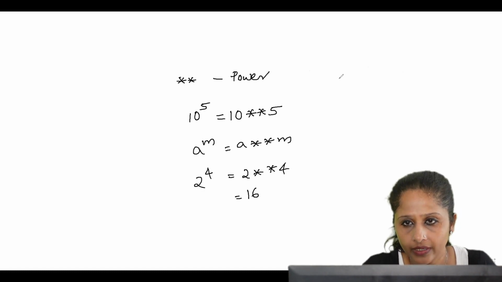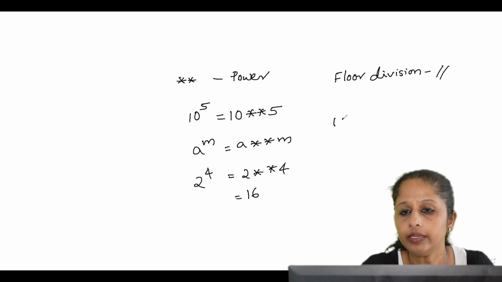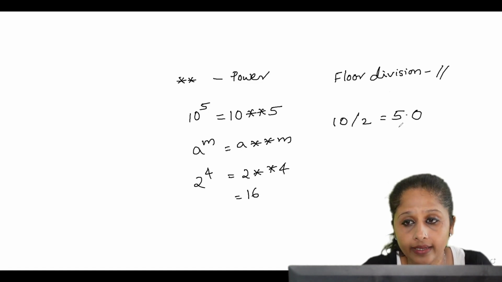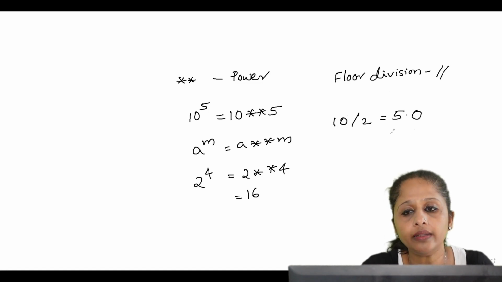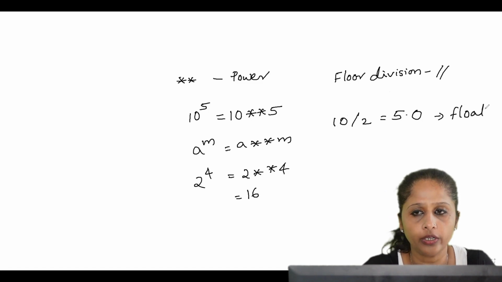Then we have floor division. For that we are using 2 forward slashes. When you are dividing 10 by 2, you will get the answer 5.0. That is, by default Python divides the number and gives the result as float.